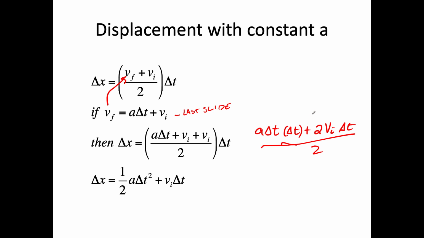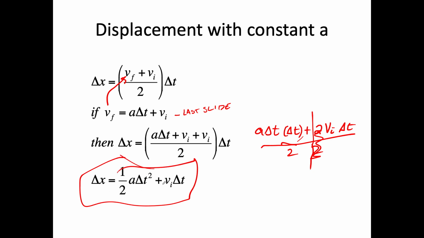Then we're just separating that out, and this is where the 1/2 acceleration times time squared comes in. Acceleration times delta t squared, the 2's cancel, and Vi times delta t. So this is problem set E, just using this equation. So that's displacement with a constant acceleration.